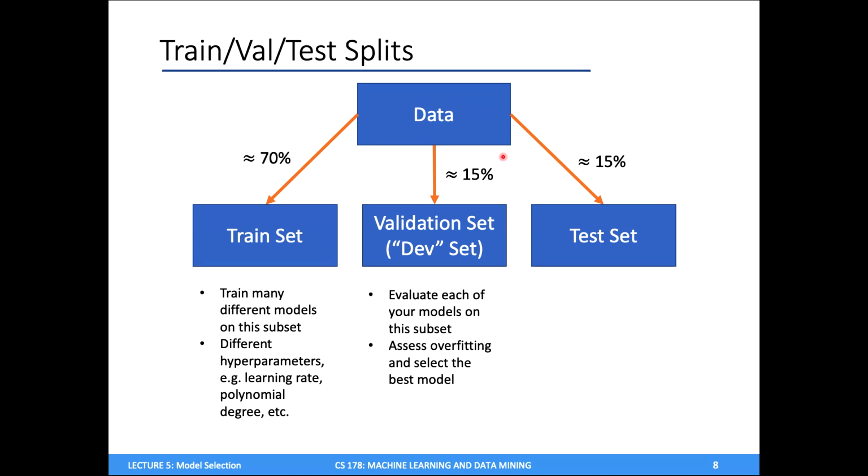On our second subset, the validation set, we're going to take the models that we trained on the training set and evaluate them on this held out validation set. So this is data that the model didn't see during training, and in some sense it's simulating what would happen in the real world.